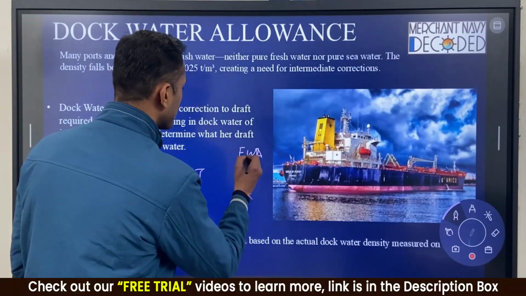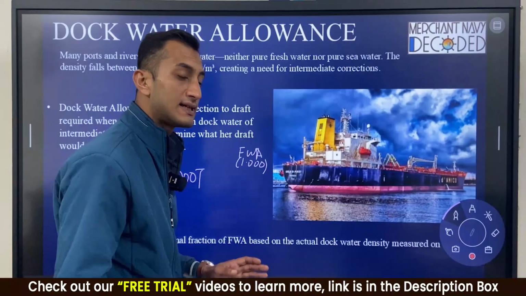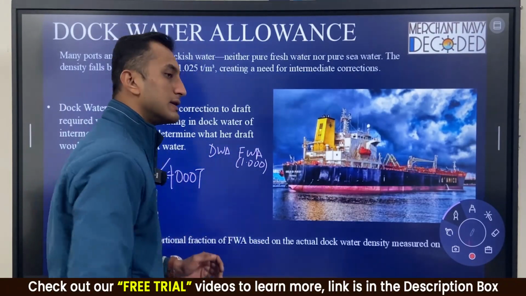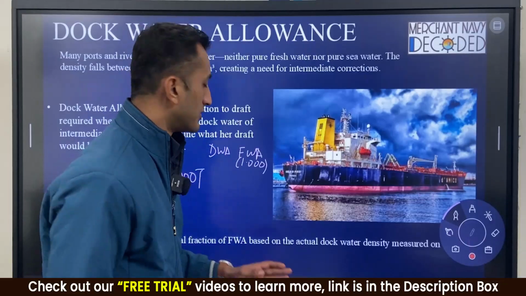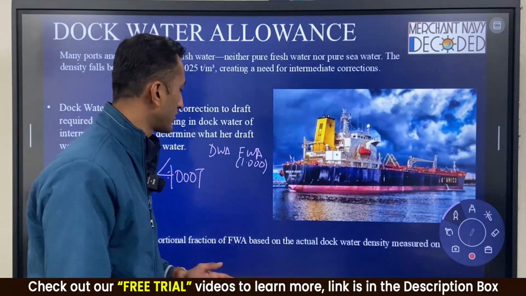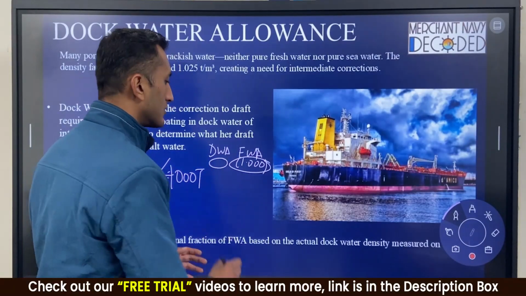But since she is going into a known depth, known density 1.00, we don't have a dock water allowance because there could be multiple densities. So we cannot mention each and every density in the dock water allowance. With the help of freshwater allowance, we interpolate and we find the dock water allowance.